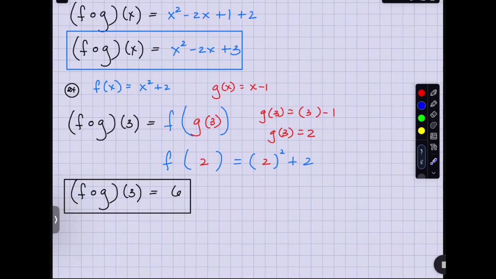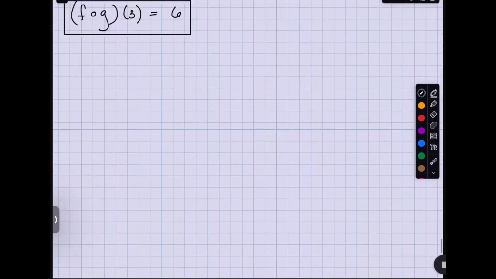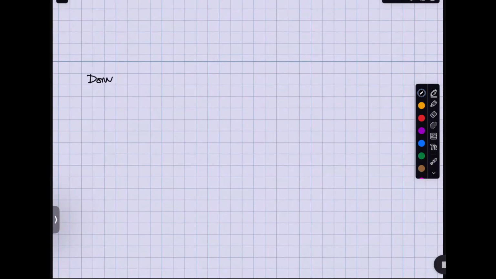Perfect example there. All right, so let's talk about domains. Domains are all possible x values.